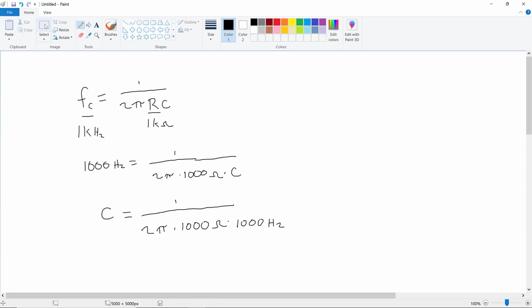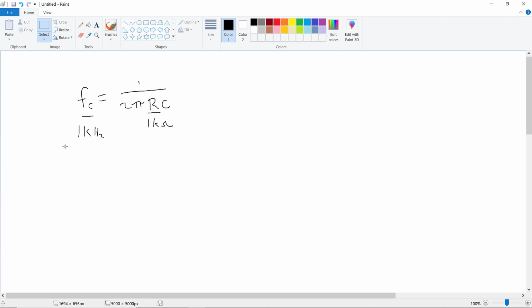We're going to use the same basic equations, but we are going to use different values here. So instead of 1 kilohertz for the cutoff frequency, I'm going to use a cutoff frequency of 100 hertz.